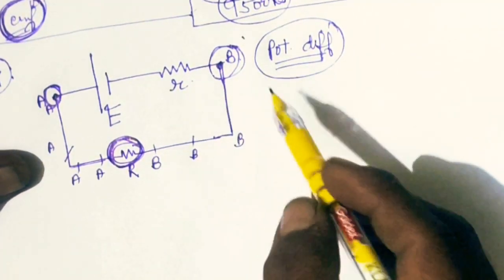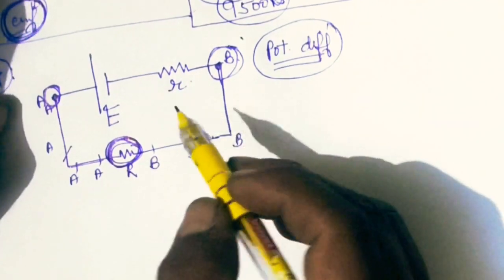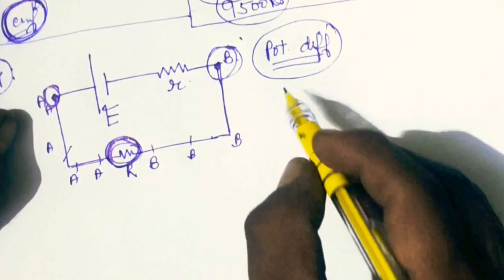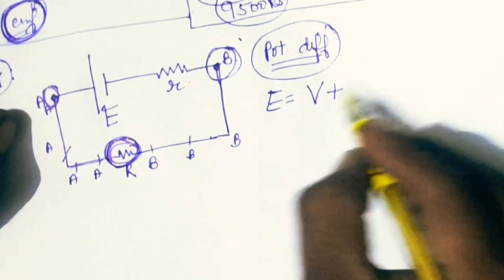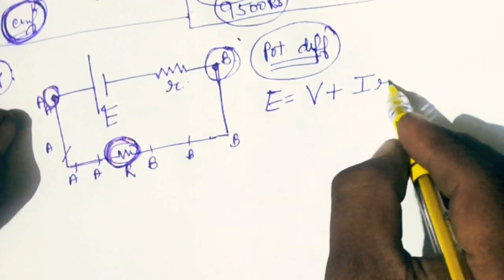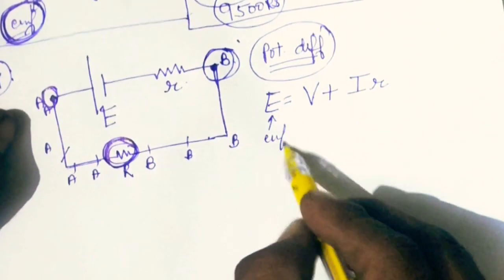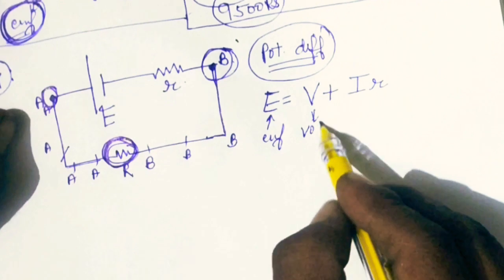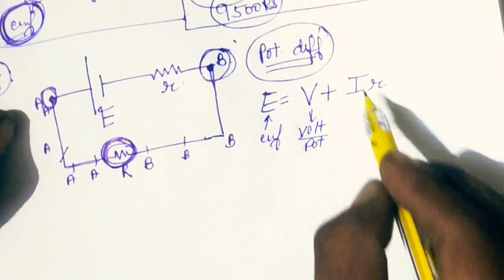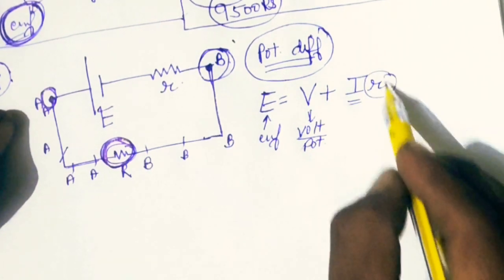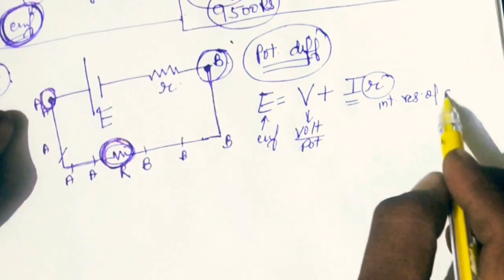Now, how to get the relation between EMF and potential difference? I can directly write the formula. The formula is EMF equals V plus I into r. E is the EMF, obviously. V is the voltage or potential difference. I is the current and r is the internal resistance of the cell.